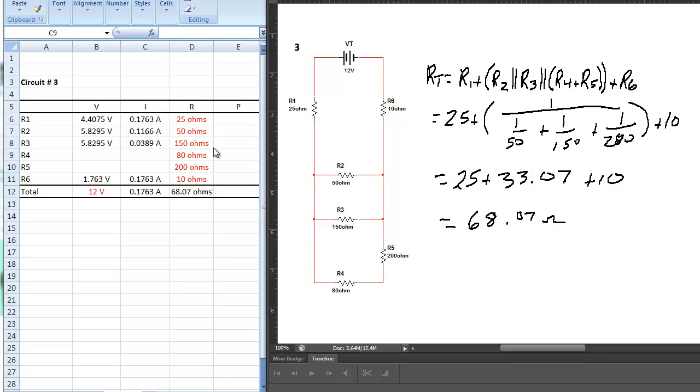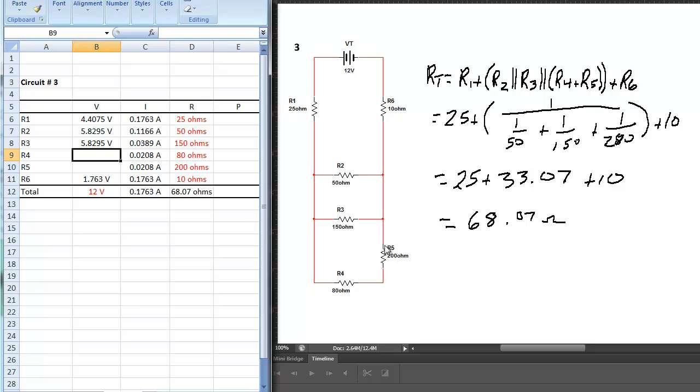So the I2 branch will be 0.1166 amps, the I3 branch is 0.0389 amps, so what's left over using Kirchhoff's law is IT, minus I2, minus I3, will give you 0.0208 amps. And remember, that's I4, and I4 and I5 will have the same amperage, so 0.0208 amps.